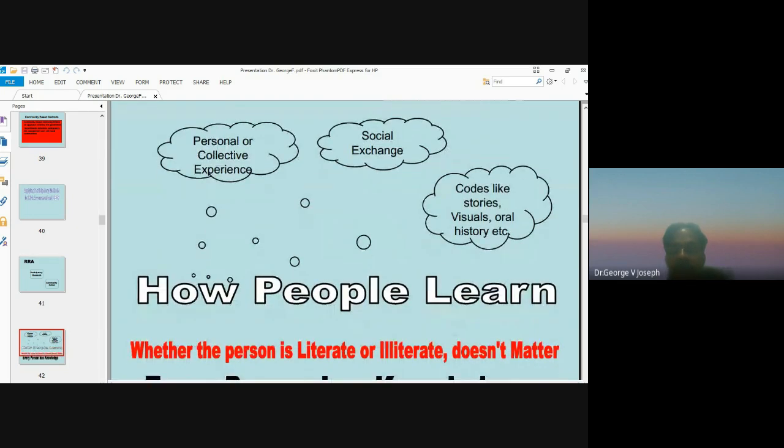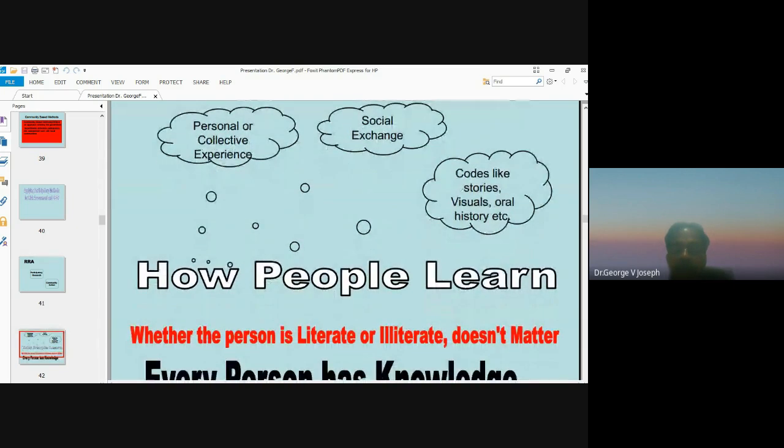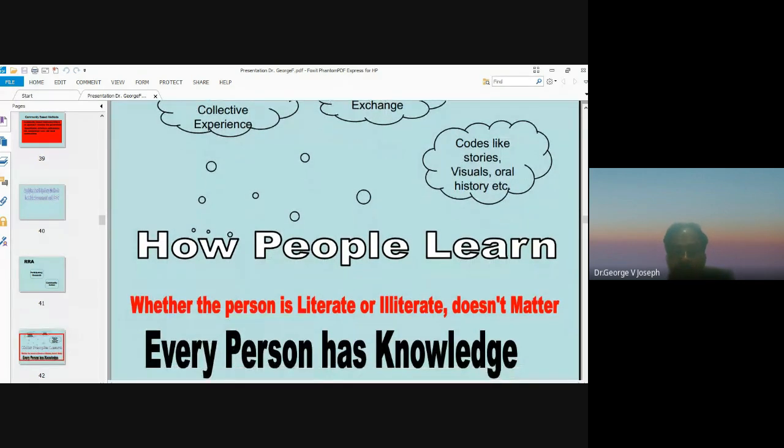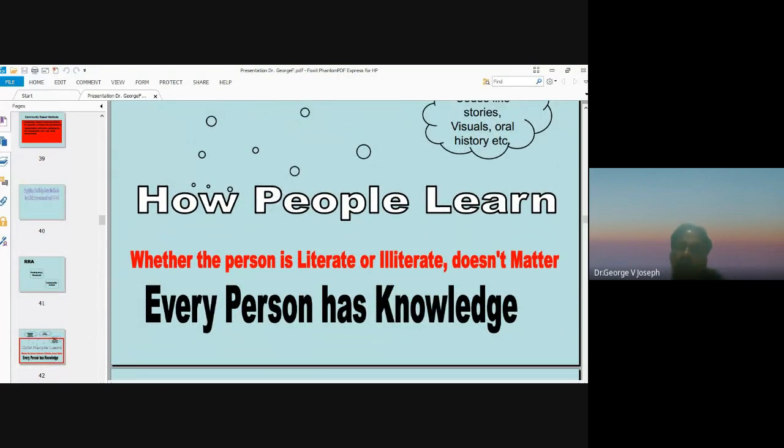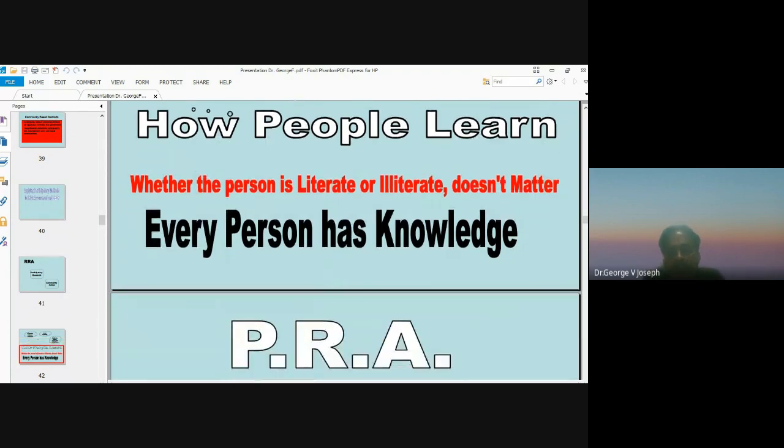And even if the people are not educated or literate, it doesn't matter, they can involve themselves. Everyone has knowledge, experience, and understanding, and we can involve everyone through this process. And there are various techniques.